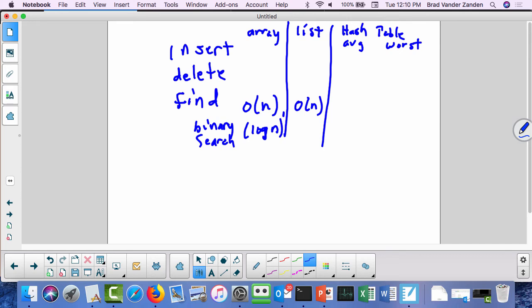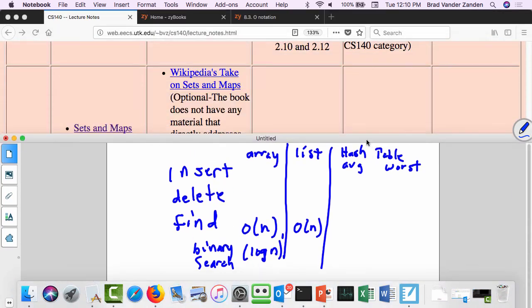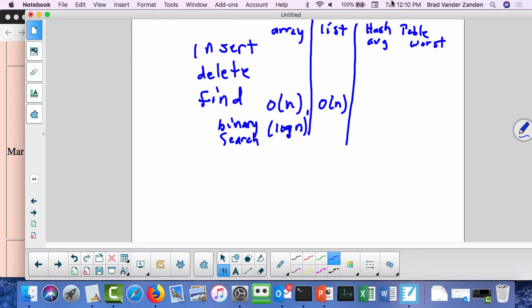One bucket, and normally if you've chosen the load factor to be 1, what is the expected number of elements in the bucket? 1. So average case, it is 1. What's the worst case for a hash table? Order n. If every single key hashes to the same bucket, it's order n. So that's the worst case.